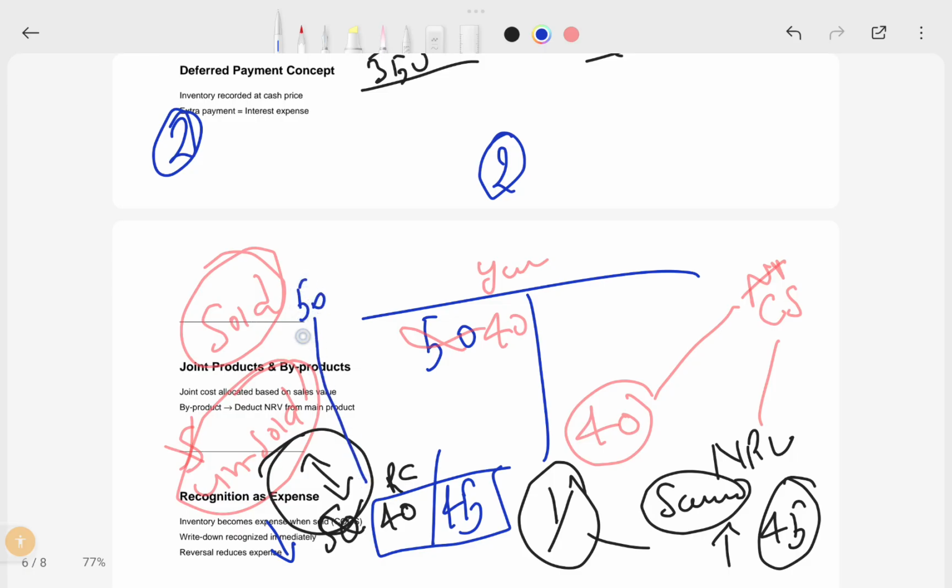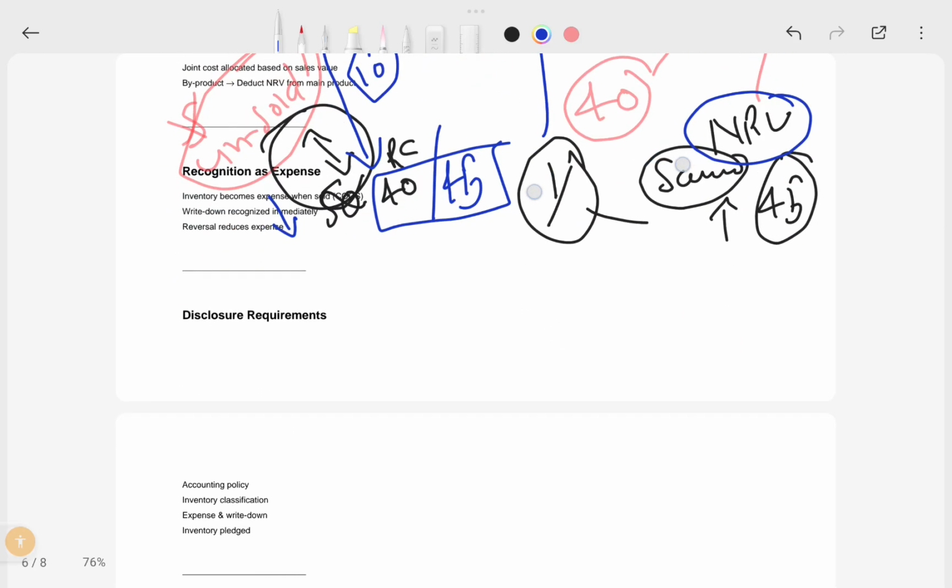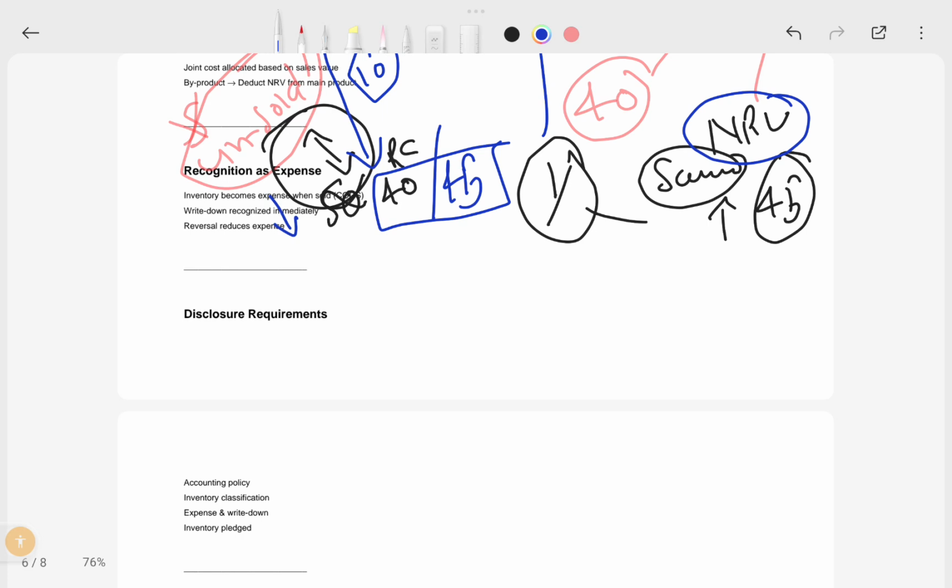There is a reversal because of the NRV calculation, to the extent of this 10. Reverse this NRV, not cost, to the extent of the previous reduction, because your NRV has increased now.